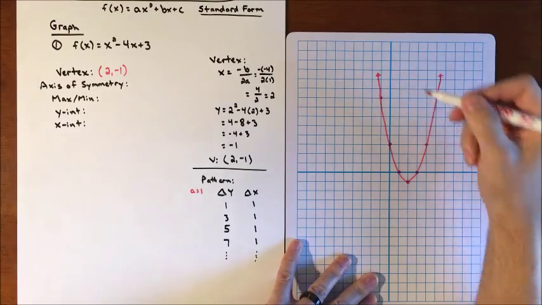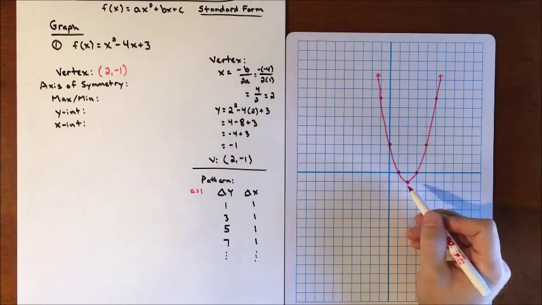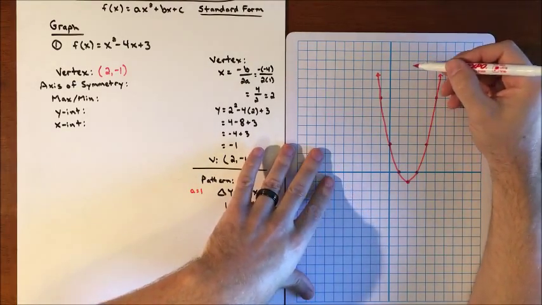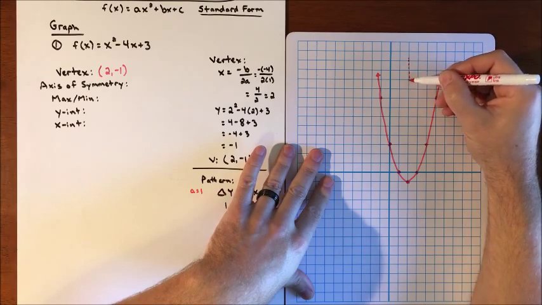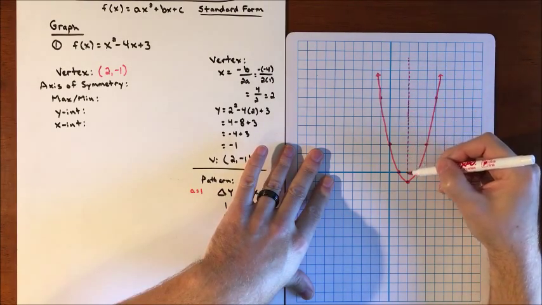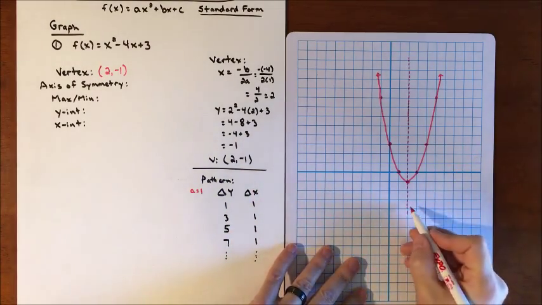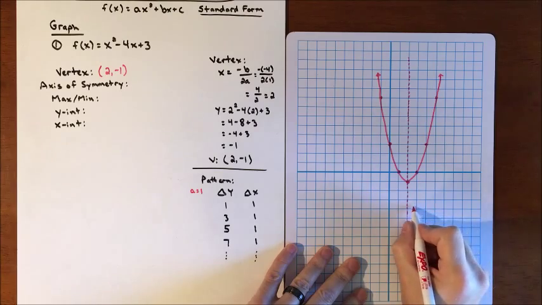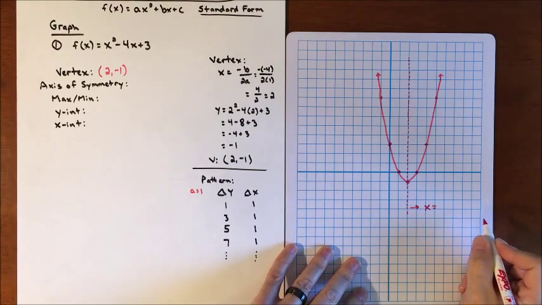Now we can answer the rest of the questions. Axis of symmetry. We have our vertex, and this graph is perfectly symmetrical around this line. That is known as our axis of symmetry. That axis of symmetry is a vertical line, which means there is an x equals something equation.